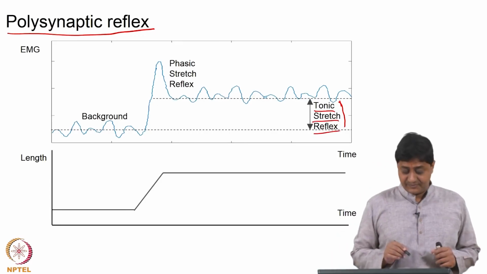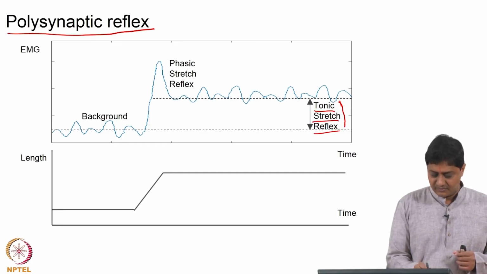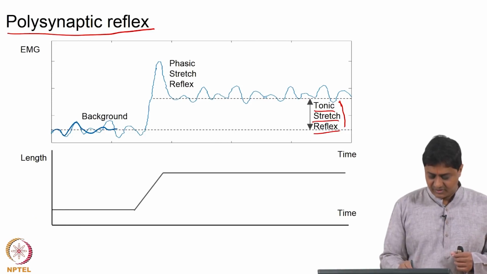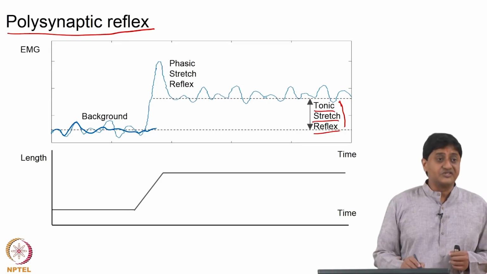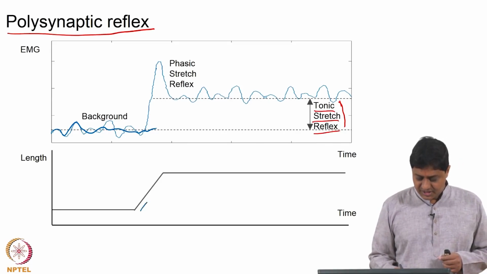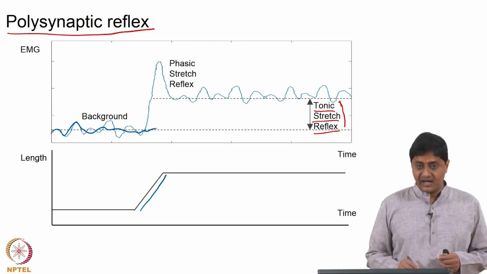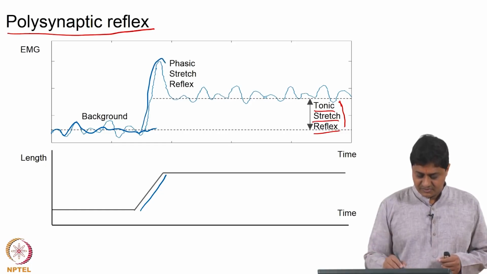Now what is this? Let us remember ourselves, suppose a muscle is having a background EMG level, which is that. Okay. Suppose a muscle is having that amount of background EMG level, some non-zero activity, and then that muscle is stretched, its length is increased. If that happens, there is going to be an immediate response. So we will have to see the time.